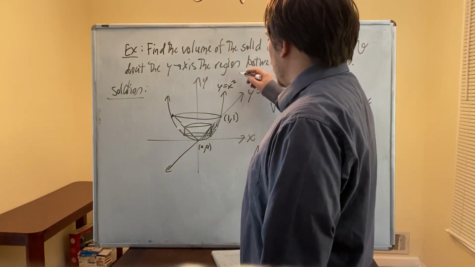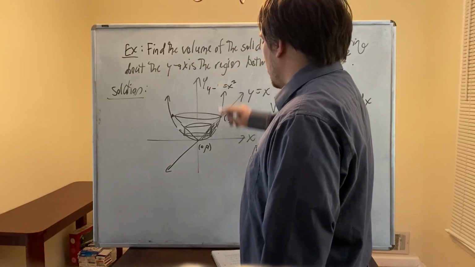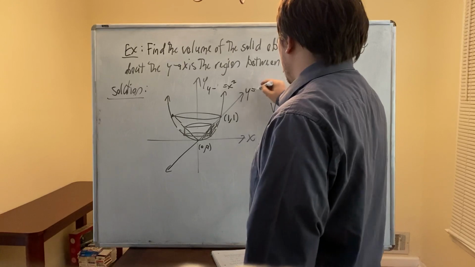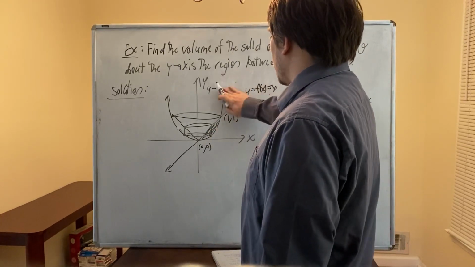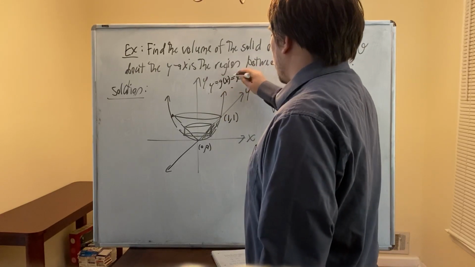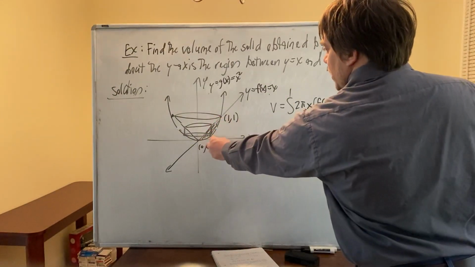So I'm going to say the upper function is y equals f of x equals x, and the lower function is y equals g of x equals x squared.